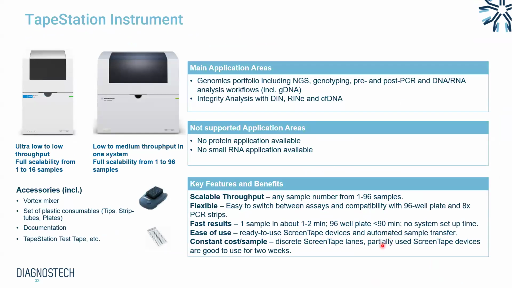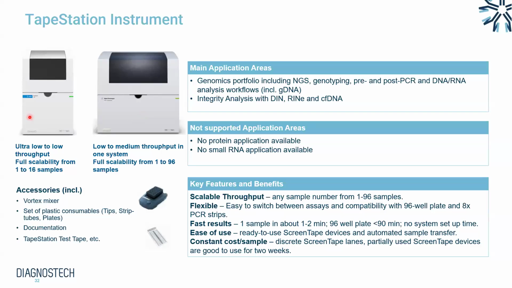All right, so the TapeStation instrument, there are 2 different TapeStations. There is a 4150, which is this one here on the left, and then a 4200 TapeStation on the right. They do exactly the same thing. The only difference is the throughput.